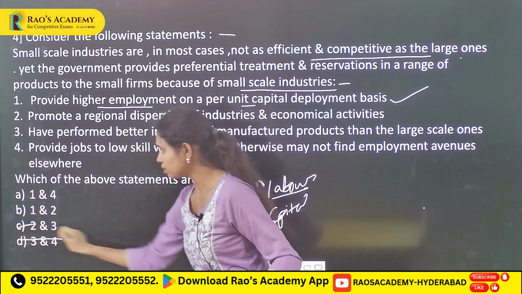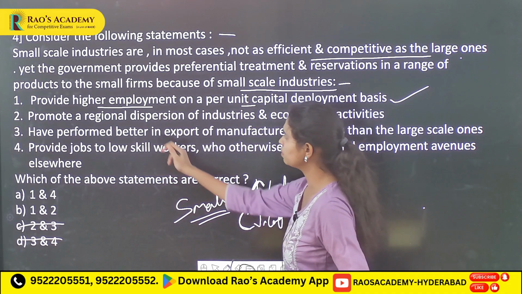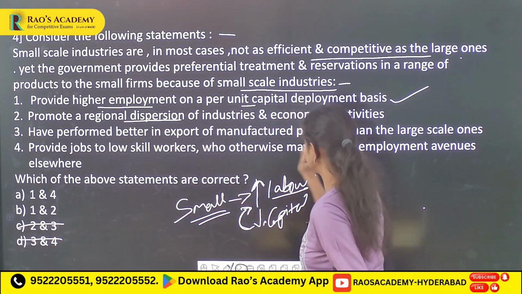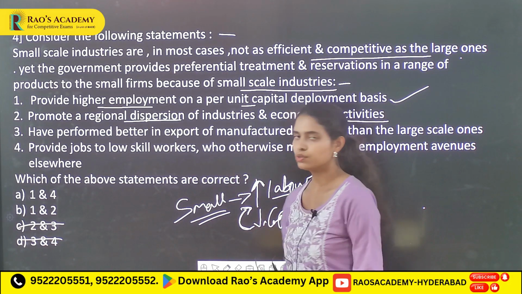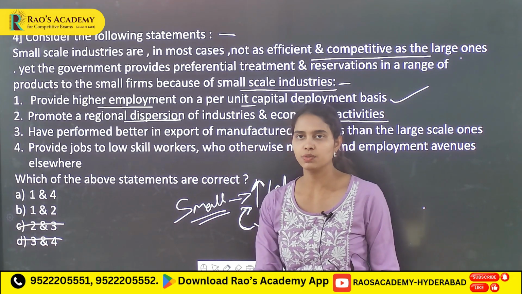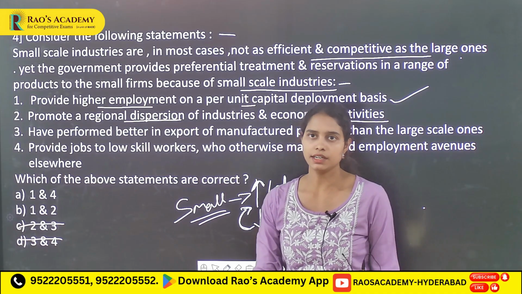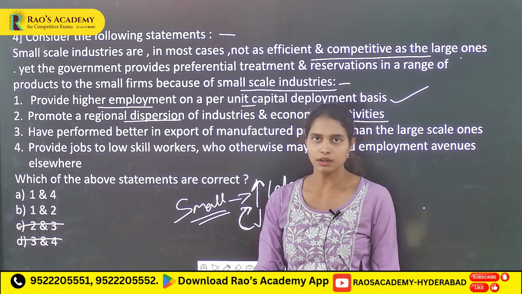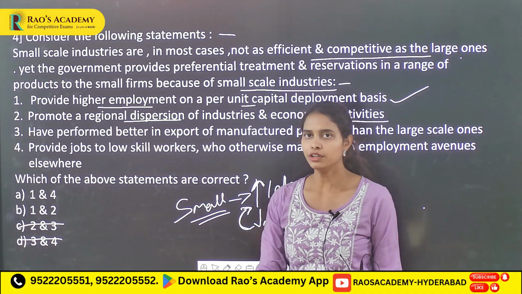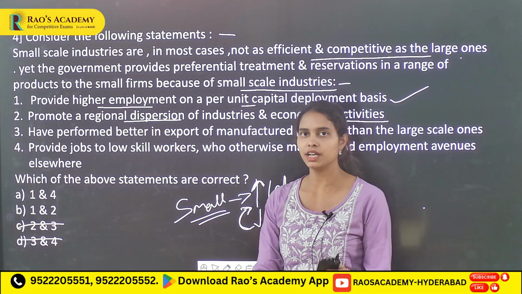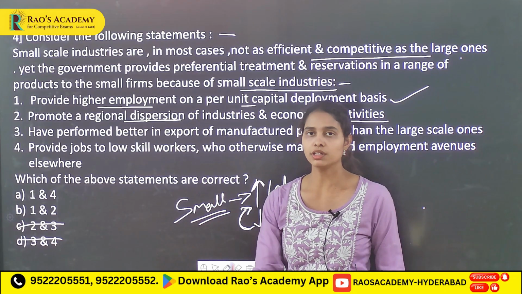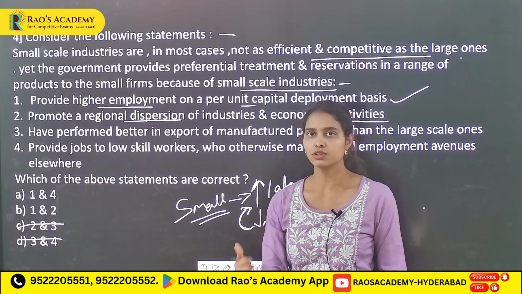Let's tick these two. Then followed by, it promotes a regional dispersion of industries and economic activities. What does this actually refer to? Usually the large scale industries, which include the Tata steel industry or any chemical or fertilizer industries, are huge industries and do not disperse or decentralize into remote or rural areas.